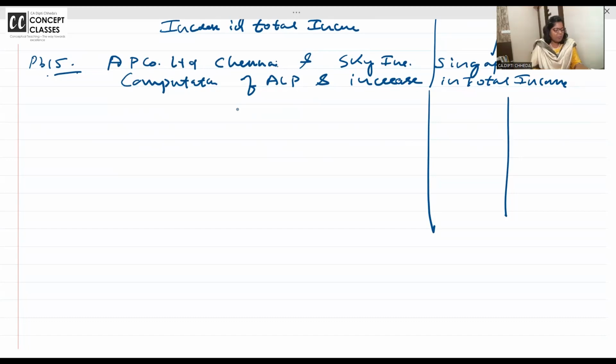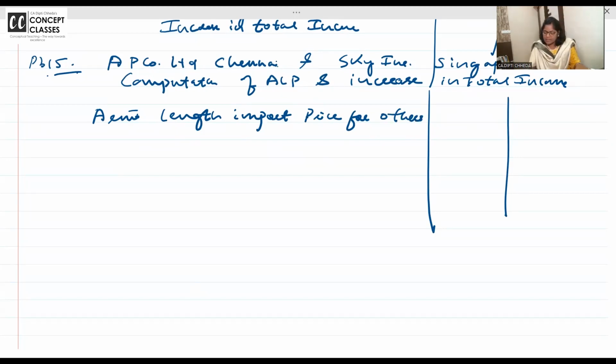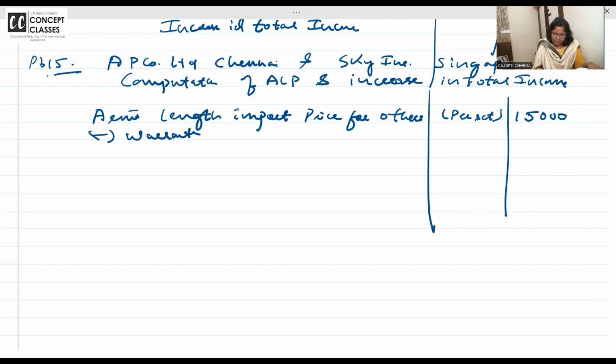So if others are importing, at what price? Arm's length import price for others. Others are importing at 15,000 per set with warranty. And when we are importing without warranty, तो इसमें वारंटी चार्जेस जो मिले हैं वो ऑल निकाल दो.